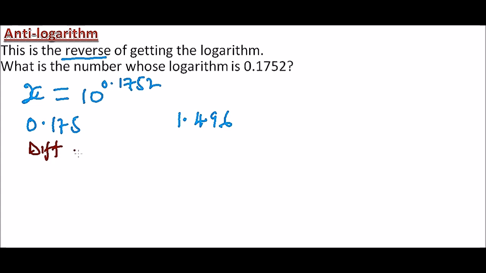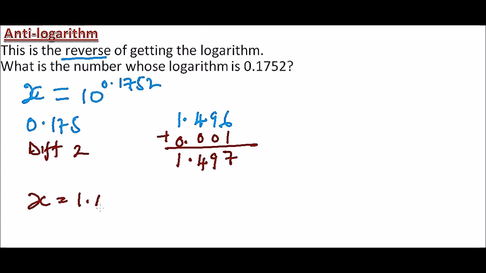We will read it from the table of difference. To the difference of 2, you get 0.001. That is the table of difference. Then you are supposed to add the 2. So you get 7, you get 9, you get 4, you get 1. This means that the number x is equals to 1.497.